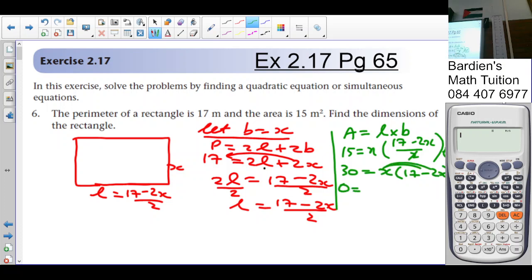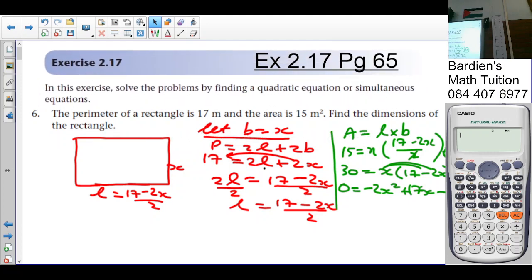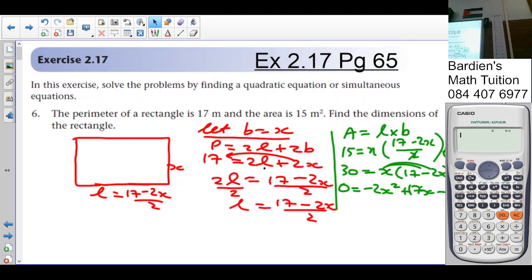I get 0 is equal to negative 2x squared plus 17x minus 30. Okay, so what is that to us now? A quadratic equation, not so? You all agree with that? The quadratic equation.